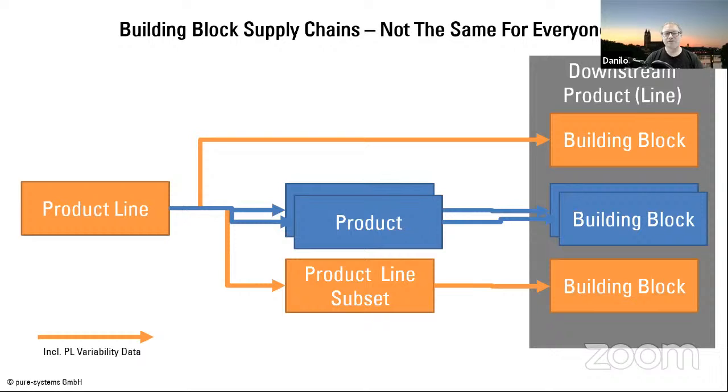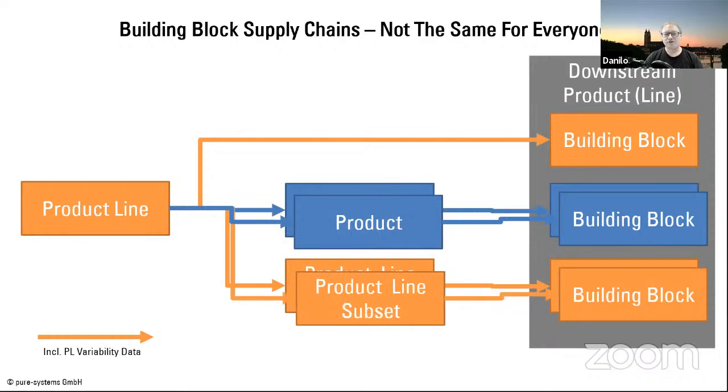If you look at this one, you can do this multiple times, obviously, with different configurations of the product line subset. Not all of the functionality of the main product line is in there. And if you remember, a product line consists of mechanical data, electronics, software, everything. And it should really be reduced to what is necessary for this step. And the complexity of the whole product line is left behind in this step where we go from the product line to the product line subset.